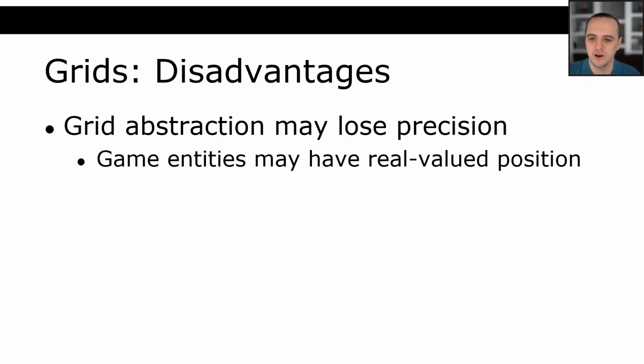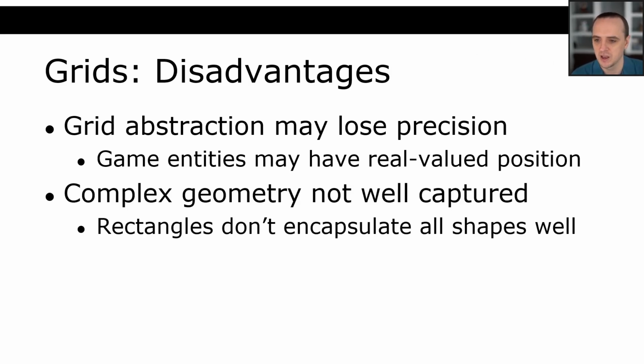Also, the grid abstraction may lose precision, right? It's going to lose precision. Let's be real. Game entities may have real valued positions, and you just lose all of that precision when you translate into a grid. The complex geometry of your game world may not be captured very well, right? So rectangles do not encapsulate all the shapes very well.